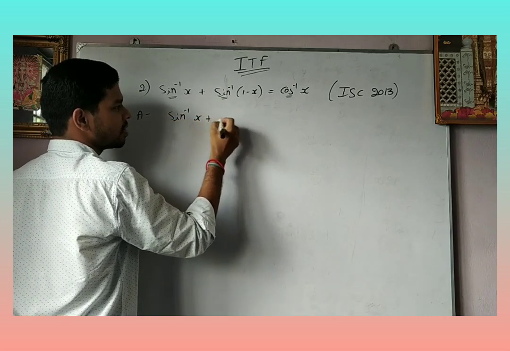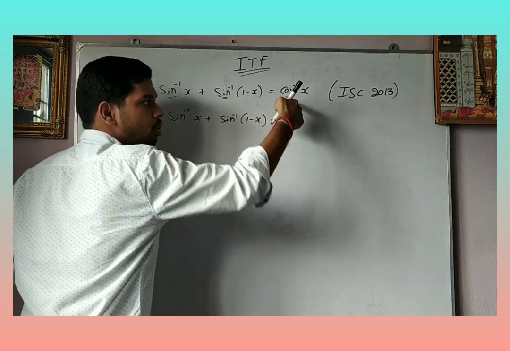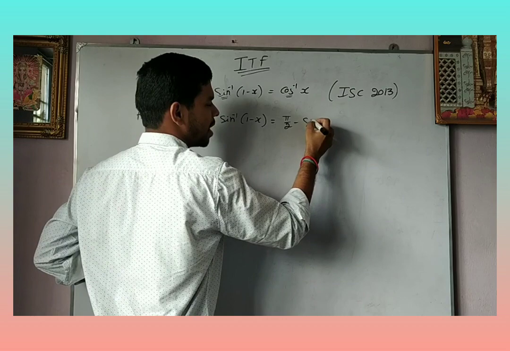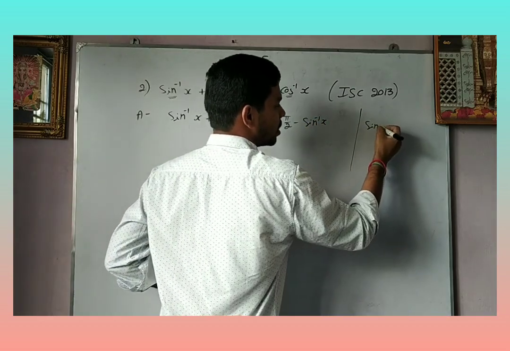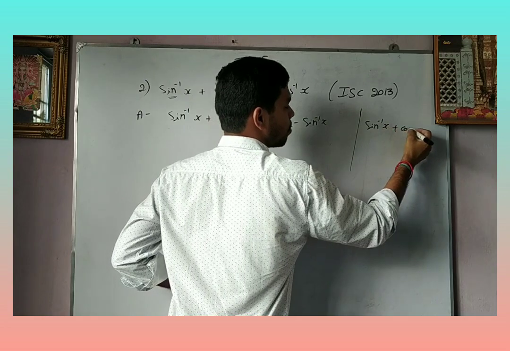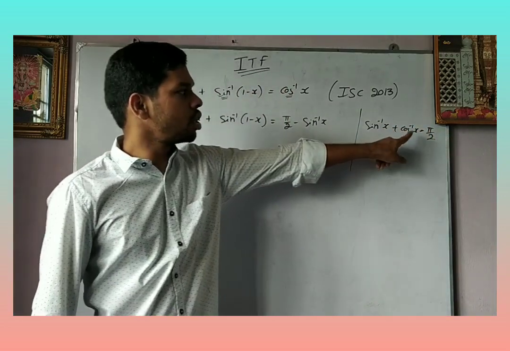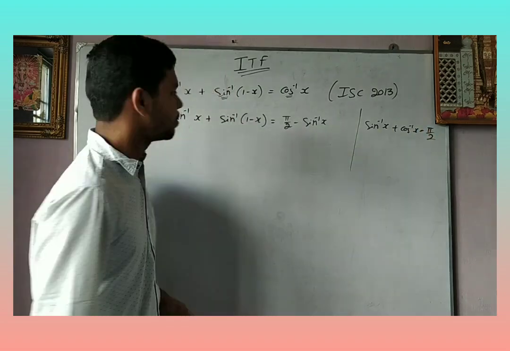Sin inverse x plus sin inverse (1 minus x) is equal to cos inverse x, which equals pi by 2 minus sin inverse x. Trigonometry formula: we know that sin inverse x plus cos inverse x is equal to pi by 2. Hence, cos inverse x equals 90 minus sin inverse x.